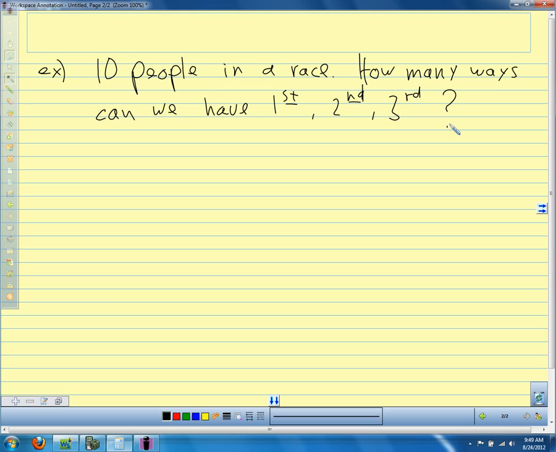So a different arrangement, like I said before, a different arrangement of the 3 people in first, second, and third is a different thing. Joe, John, and Jane finishing first, second, and third is different than Jane, Joe, and John finishing first, second, and third because a different person's in each place. So each different arrangement is different. So this would be an example where order matters.